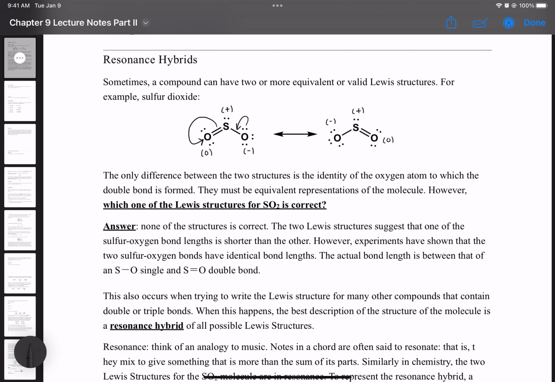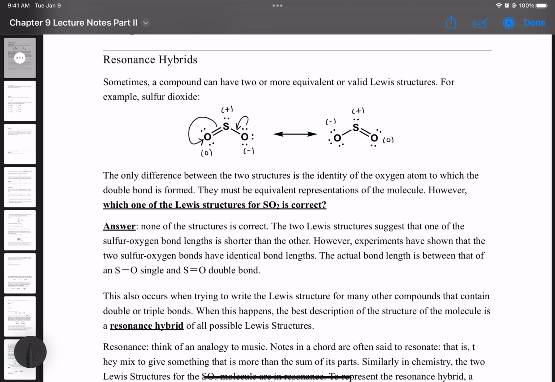However, if we said the actual structure is only one of these, we would expect one SO bond to be longer than the other, right? But in actuality, in experiments, it's shown that these two sulfur-oxygen bonds have identical lengths.